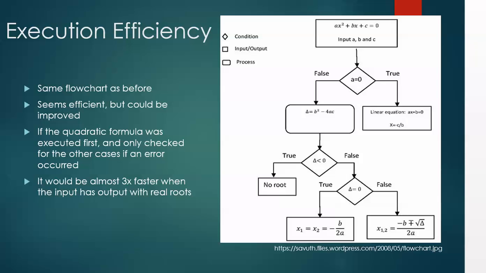I didn't mean to downplay this guy's flowchart or this guy's algorithm, but there are ways where you can make it faster. So if at the top, rather than going through this first step of a equals 0, going to these different steps, breaking it down, you just put in the straight quadratic equation, negative b plus or minus square root b squared minus 4ac all over 2a.